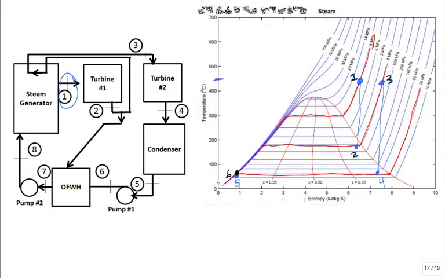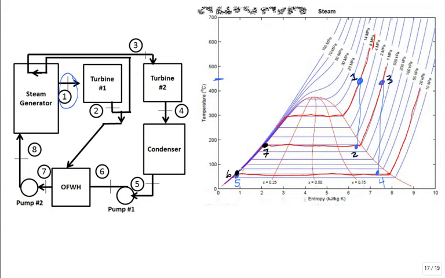Saturated liquid at the intermediate pressure of 1 megapascal. Is it right here, state 7? Very good. Okay.